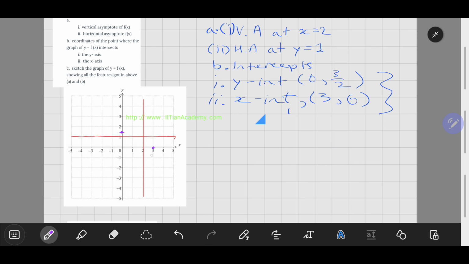Since these are asymptotes, our function will infinitely approach them without ever touching. So our function should look something like that, and that is our answer to this question.